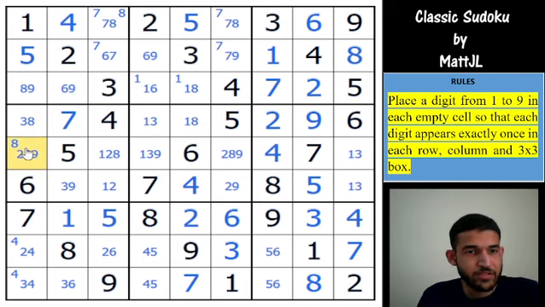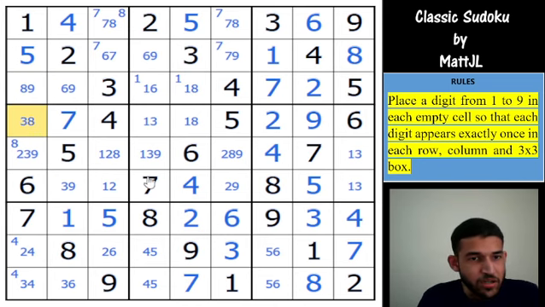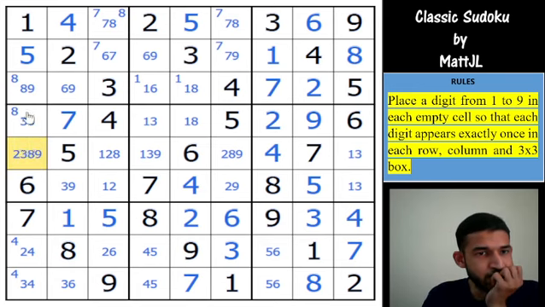If this is 8, so that becomes 3, that becomes 9, that becomes 6. And this has to be a 9. Oh, did I do something wrong? Sorry. What did I do? 3, 9, 6, 8.